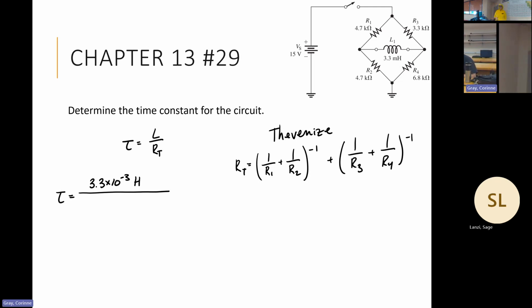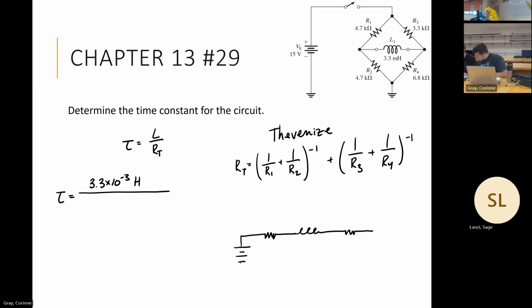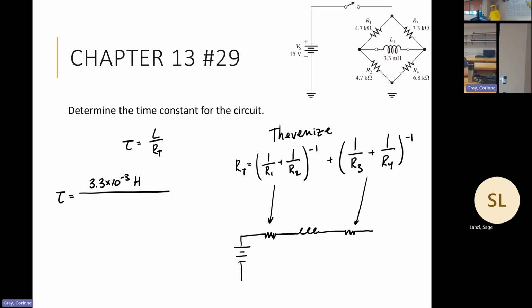So we can redraw this. Right, and here we'll have this part and this part. So we have the two sections in parallel.